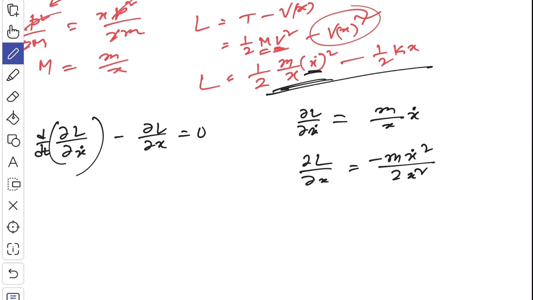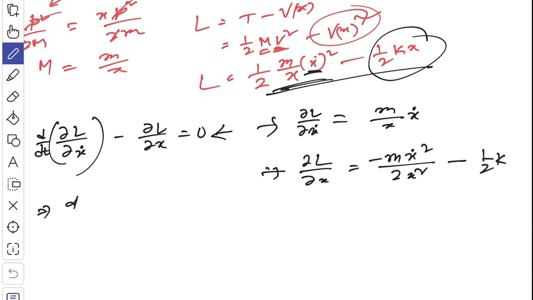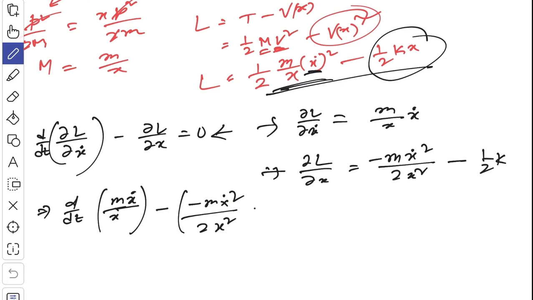Now if you differentiate the potential term, you will get only half k. So let us put these two values in this equation: d by dt of m x dot by x, minus m x dot square by twice x square, minus half k, is equal to 0.